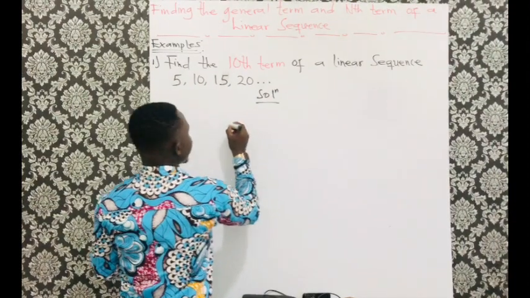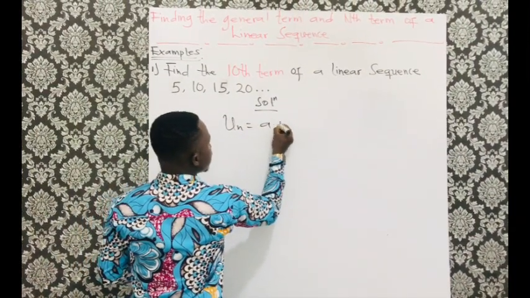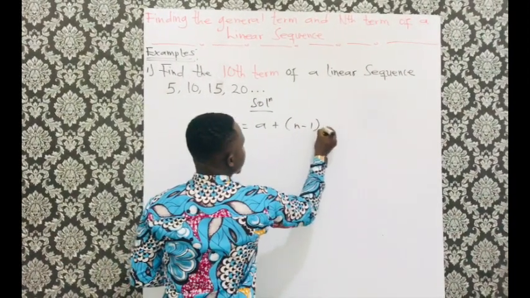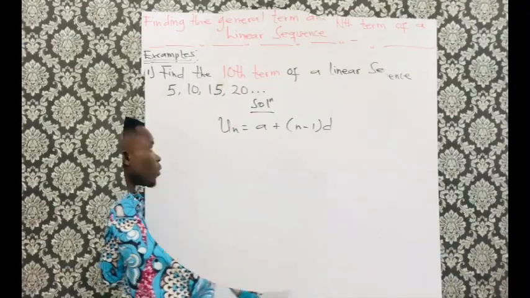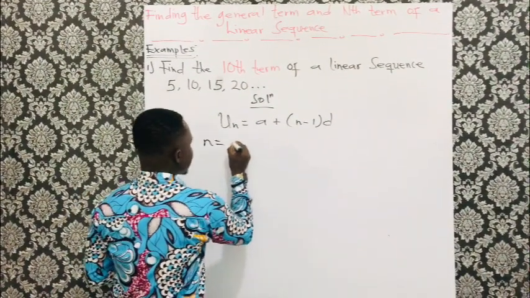So we have our general formula to be un equal to a plus bracket open n minus 1 bracket close d, where n in the formula refers to the number of term or terms given.